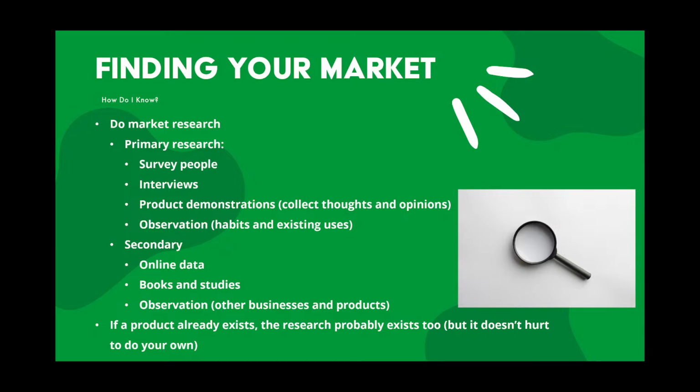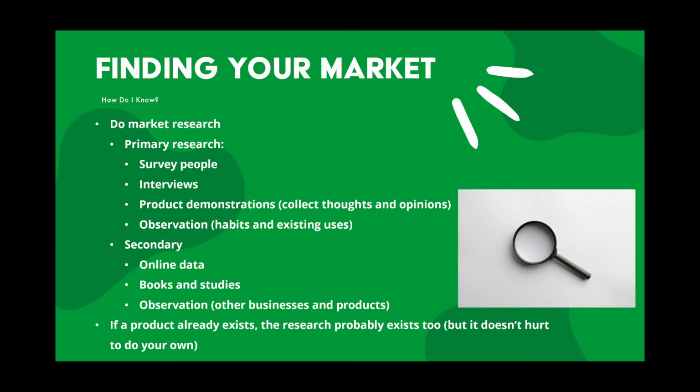But you can also use observation again, just this time in a different sense. If you see other businesses doing it, try and look at their marketing, look at who they're marketing to. From that, you'll be able to figure out maybe your market based off their market. If a product already exists, the research probably exists too.